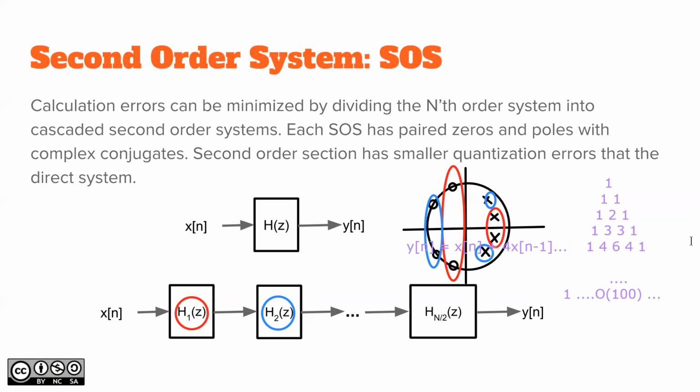So if this was calculated directly from the direct form, meaning calculated directly from this one, basically what would happen is that you will have multipliers of 1 and 100 in the same weighted sum, and 8-bit presentation.